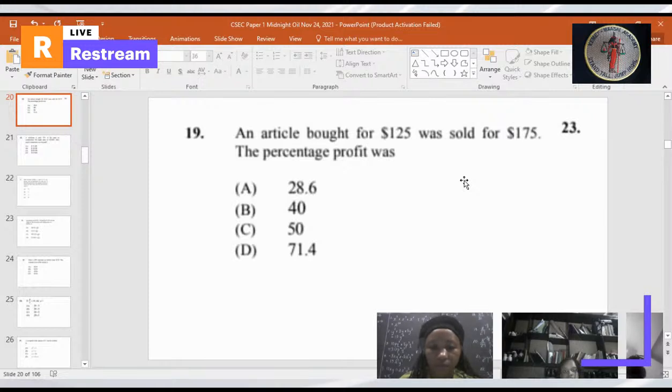The percentage profit was... So the article was bought for $125 and then it was sold for $175, and they want the percentage profit. What are the steps? What are we going to do for this one?